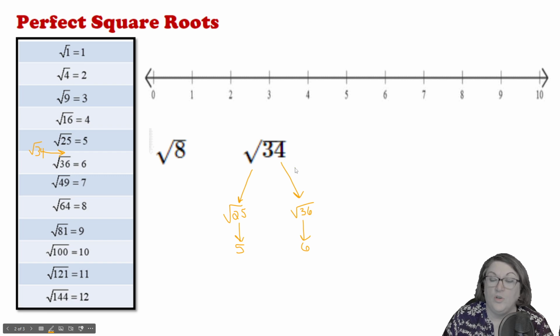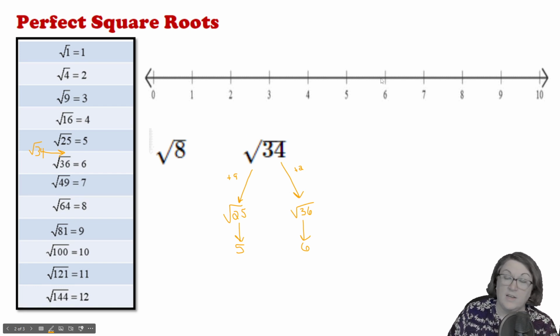34 is only 2 away. If I add 2 to 34, I get 36. And over here, I would have to add 9 to 25 to get 34. So it's much closer to 36 than it is to 25, which means it's much closer to 6 on the number line.